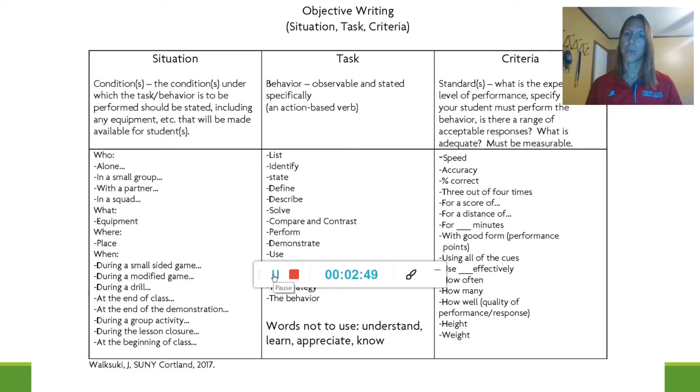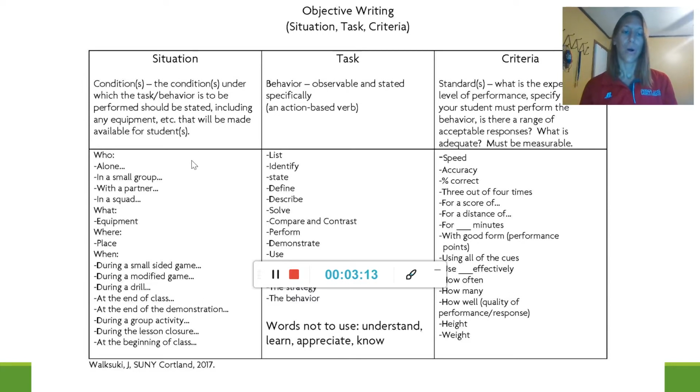You have this really great objective writing guide for you in your EDU 255 packet. This is in your C section, so you can find that there. And it explains the situation, or the condition, as Rink calls it, the task, or the behavior, and the criteria. This is the criterion, also known as the standards. What's the level of performance that's expected?